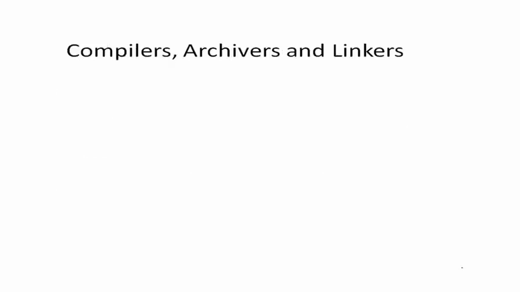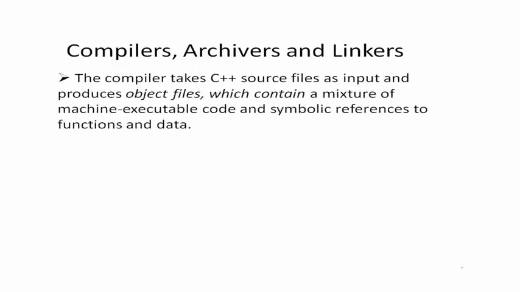So now we're gonna see the compilers, archivers, and the linkers in detail. The compiler takes a C++ source file as the input and it produces object files, which contain a mixture of machine executable code, the code in zeros and ones, and also some symbolic references to functions and data.